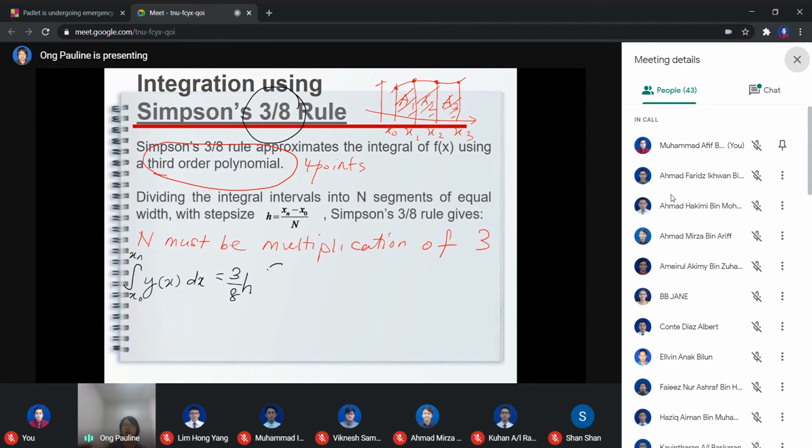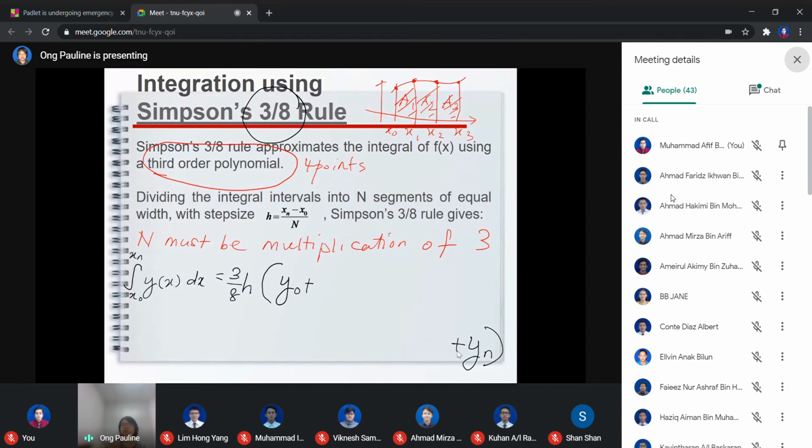Inside the bracket, similarly, I have the starting point, y naught multiplied to 1, and the ending point, yn multiplied to 1. Where inside here, for the trapezoidal, you have the intermediate values multiplied to 2.